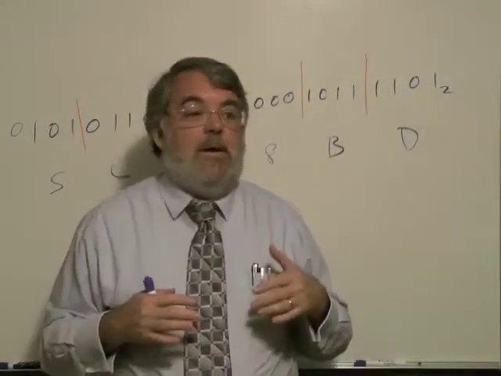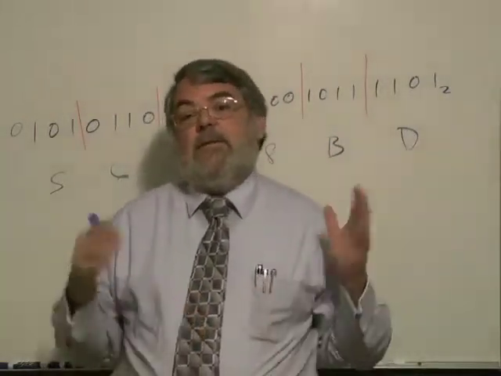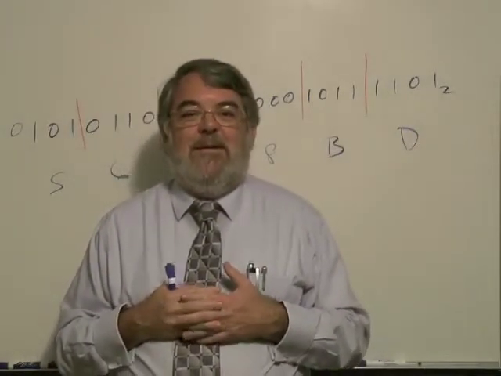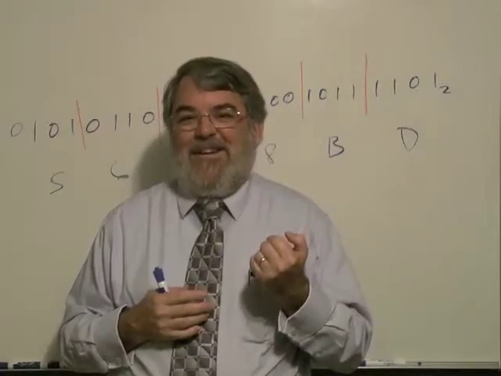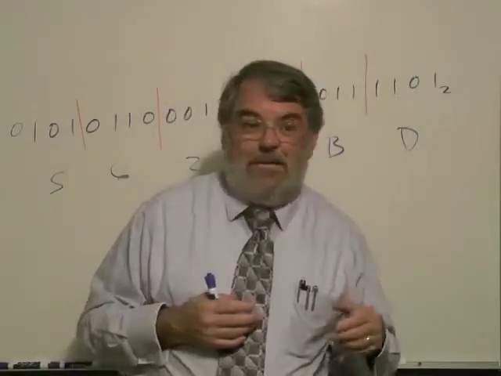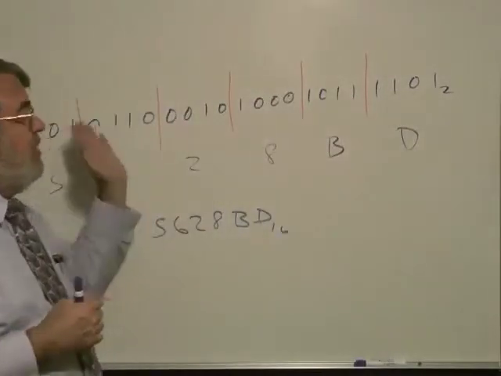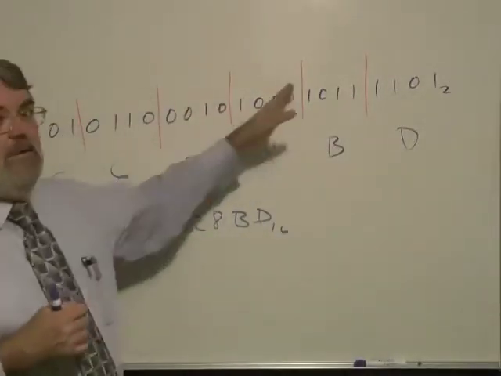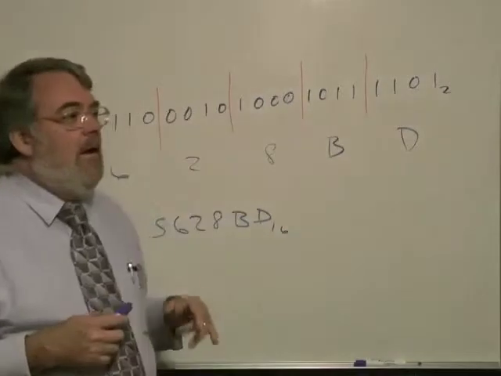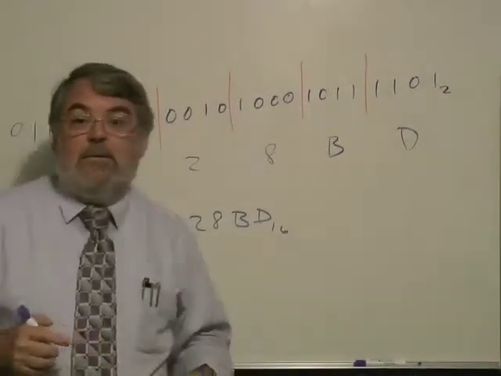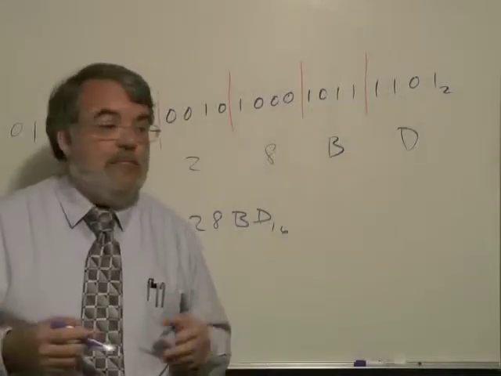However, you really cut the length of a binary number by 4 when you go to hexadecimal. It takes 24 bits to represent this binary number, and 24 divided by 4 is 6. It only takes 6 digits to represent that in hexadecimal.